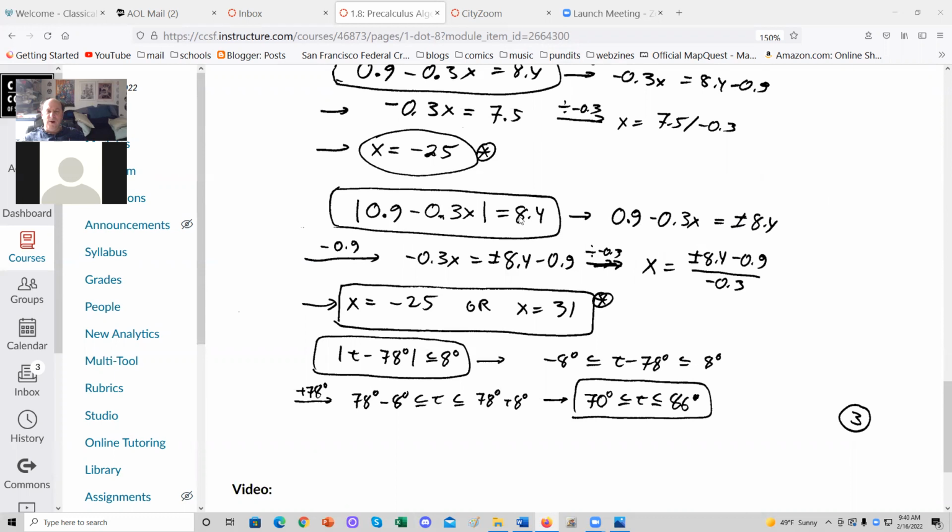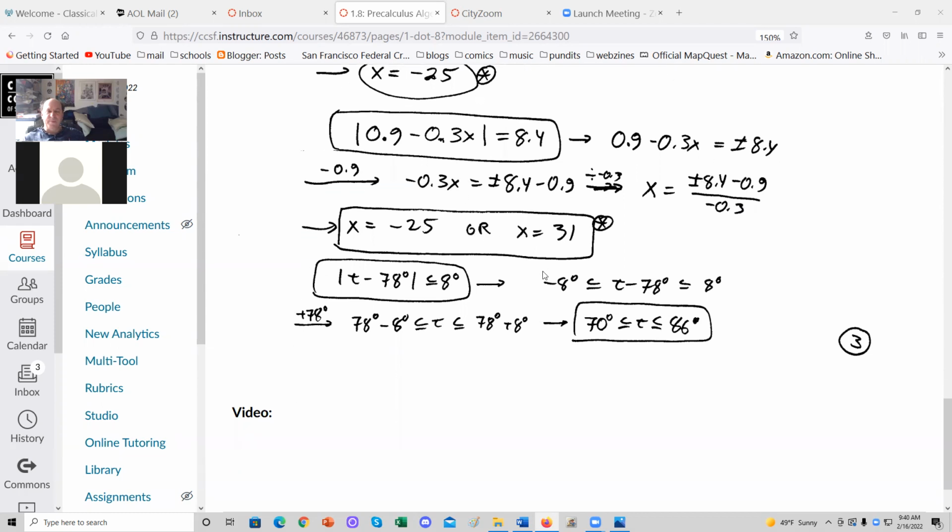So we subtract the 0.9 from both sides, get negative 0.3x equals plus or minus 8.4 minus 0.9. Divide now both sides by negative 0.3 and get x equals plus or minus 8.4 minus 0.9 over negative 0.3. Long story short, a bit of arithmetic, get x is negative 25 or x is 31. This one here has one solution. This one here has two solutions.